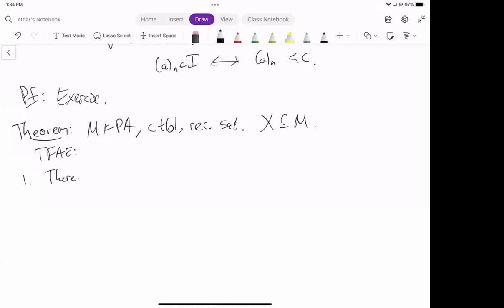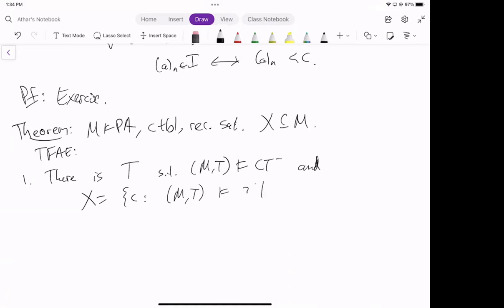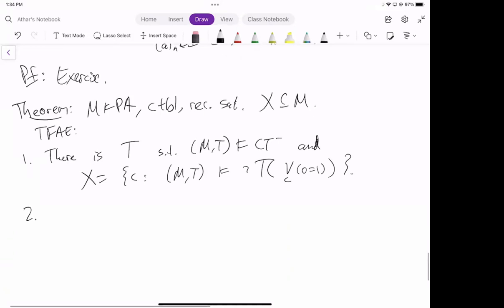There is a T such that M has an expansion to CT minus, making X exactly the set of those c on which T is correct about disjunctions of 0 equals 1. And X satisfies the properties 1 to 3 that I mentioned above.